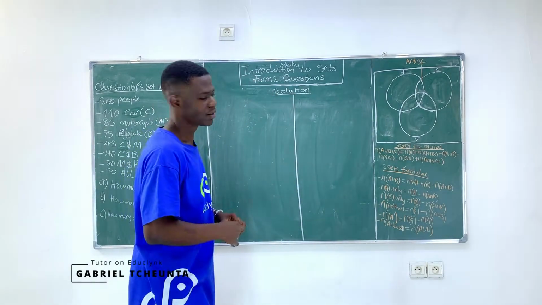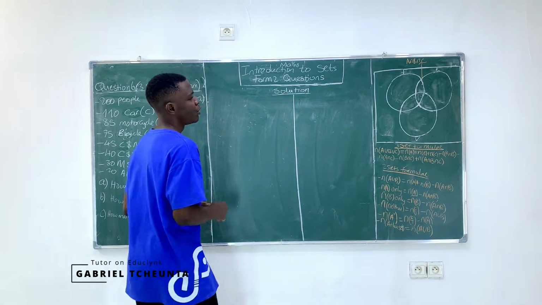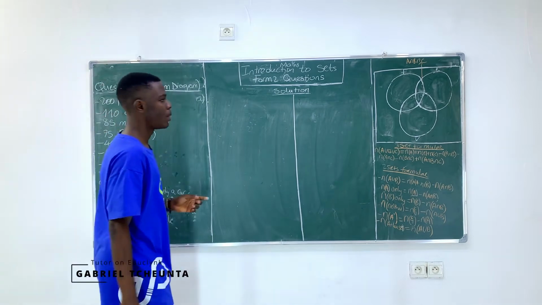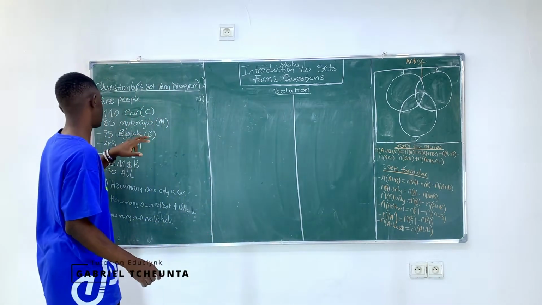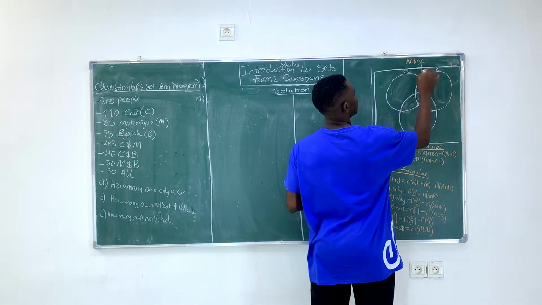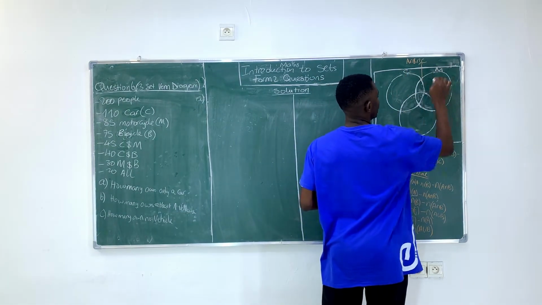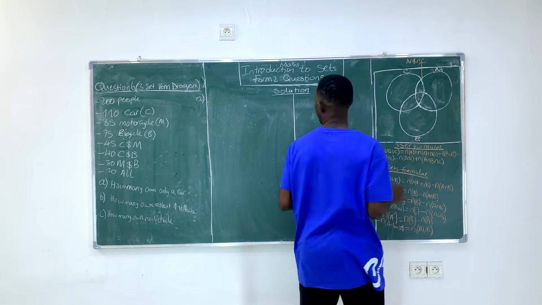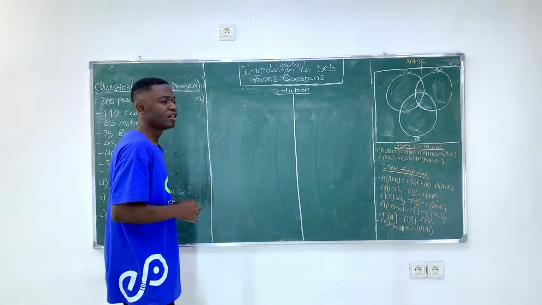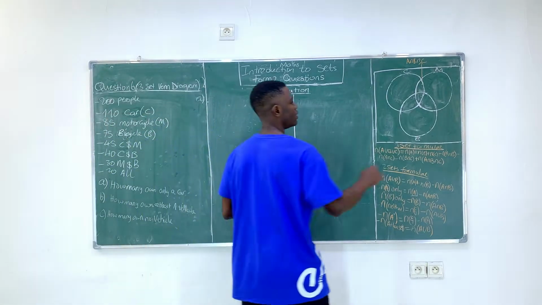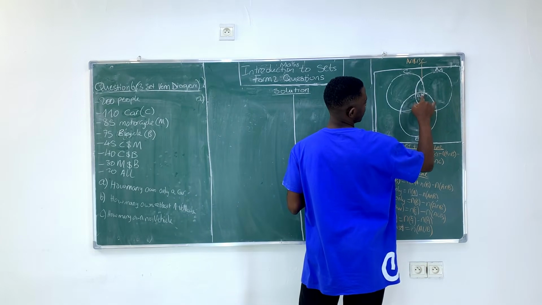So how do you do that? We look for the intersection first. The question says 20 own all three. So you have car, motorcycle, and bicycle. Let me just put C for car, M for motorcycle, and B for bicycle. So we are told that 20 own all three, so we write our 20 here.